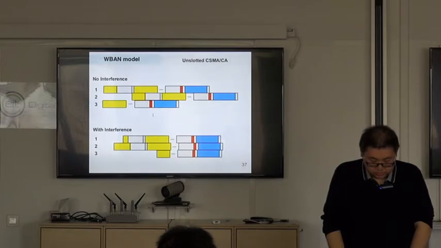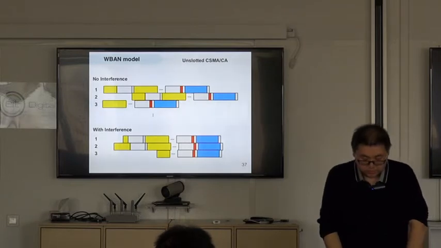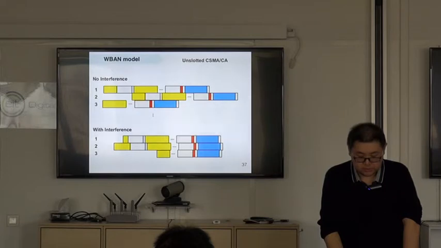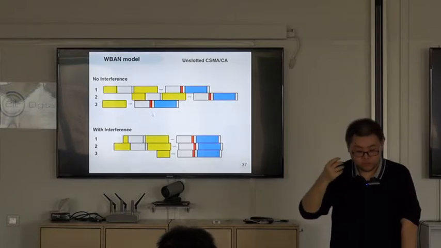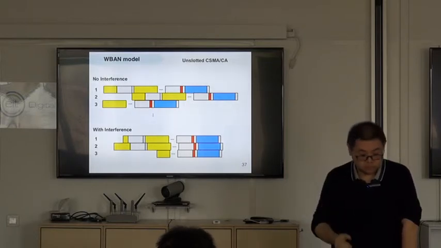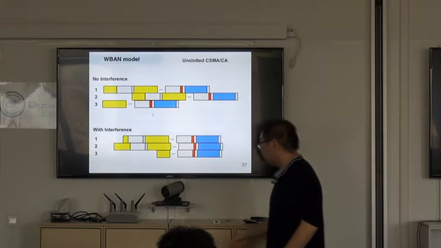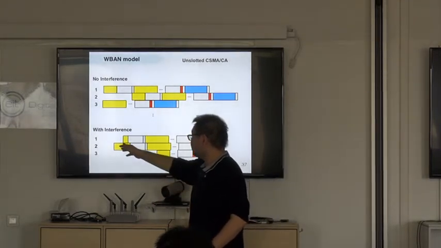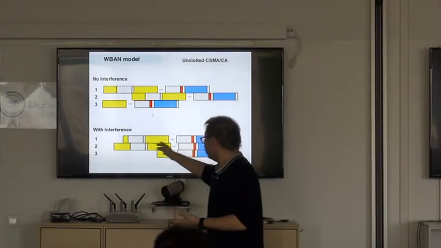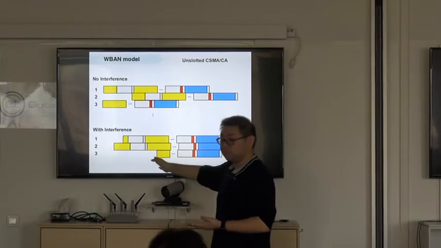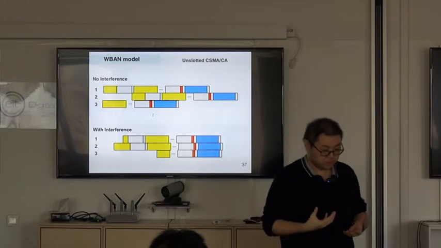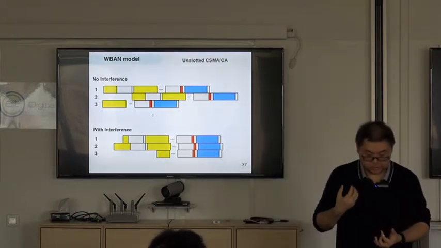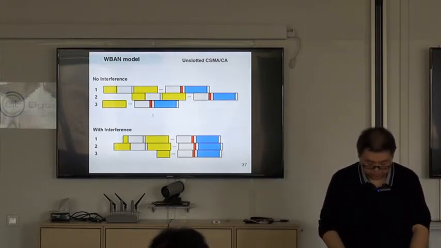So the introduction of unslotted CSMA/CA means that we cannot be sure of the exact time for a node to send a message. Because you see, one node can begin to send a message from here to here, or it can begin from here to here. So we cannot get the exact number for this time.